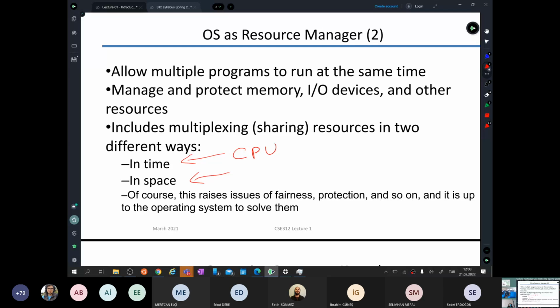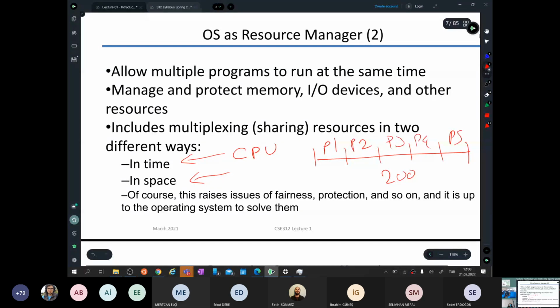I have 5 processes, and this is just 200 milliseconds, and I am going to say P1 is going to use 50 milliseconds, then P2, P3, P4, and P5, and back to P1 again, okay? So this is time-wise multiplexing, time-wise sharing of the resource, the CPU, okay?